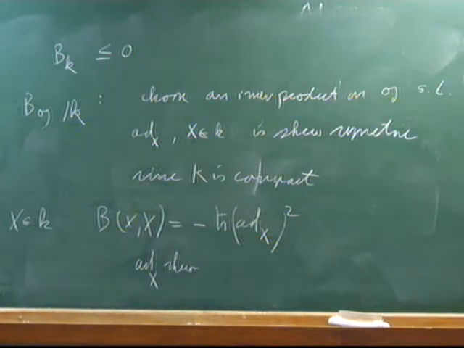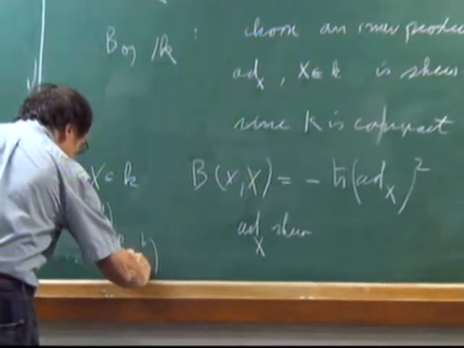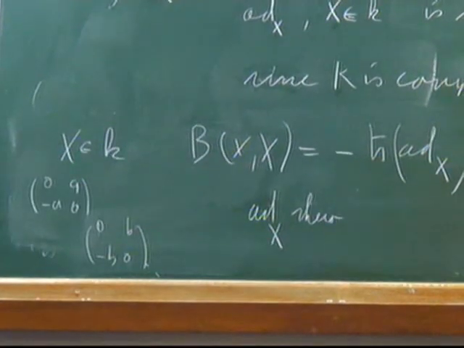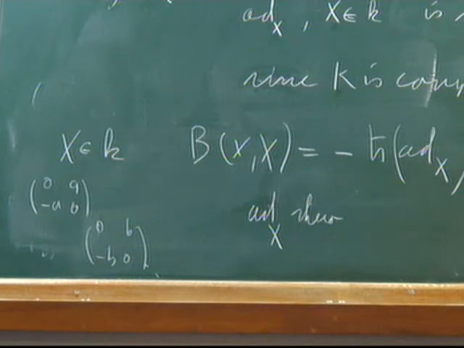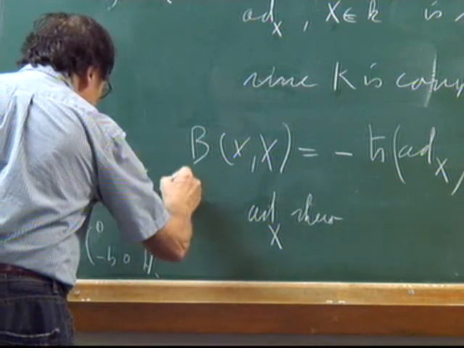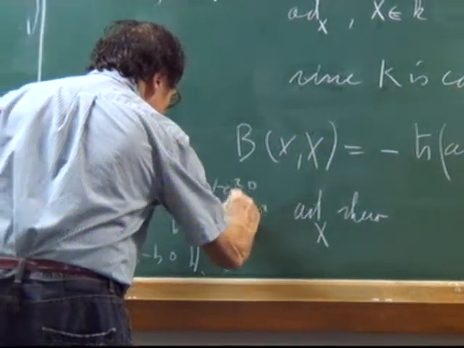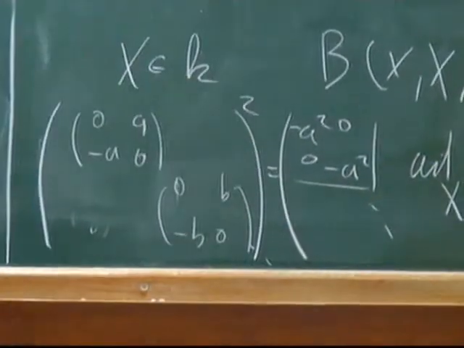And I take a square of such a skew endomorphism. Well, what's the normal form of a skew endomorphism? It's one of these matrices, 0 A, minus A 0. It has block form, right? And 0 B, minus B 0, and so on. Every skew symmetric matrix I can bring to that form. When I square it, I get minus a squared, 0, 0, and so on.